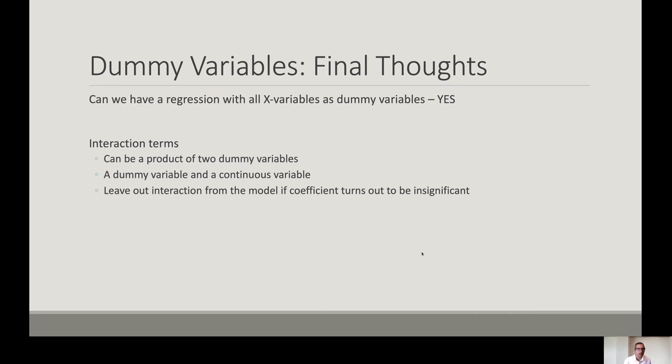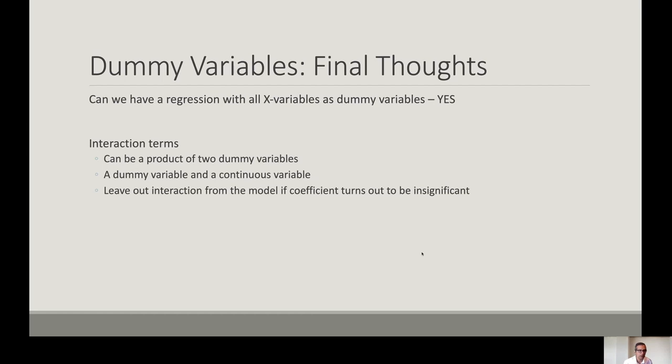Okay. Now moving on to interaction terms. In our example, we saw an interaction of the gender dummy with experience. So one of these variables was a dummy and the other variable was a continuous variable, because experience can be 2 years, 5 years, 10 years, 12 years. So it's a continuous variable.